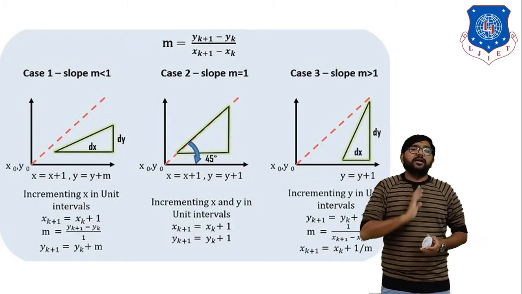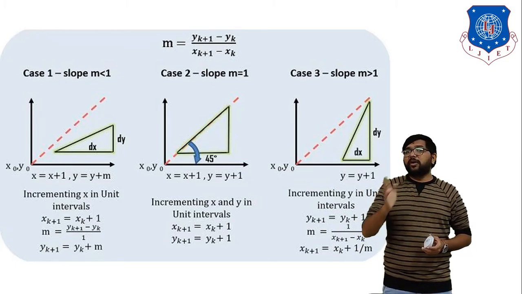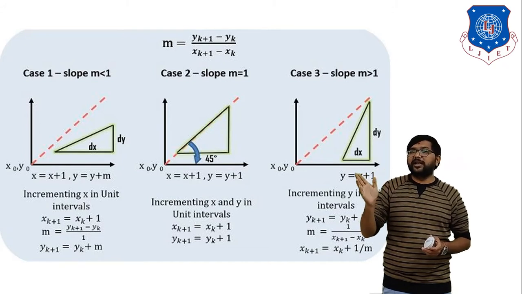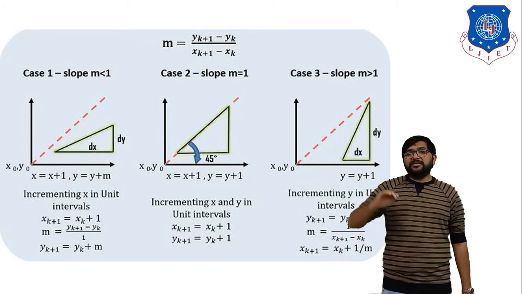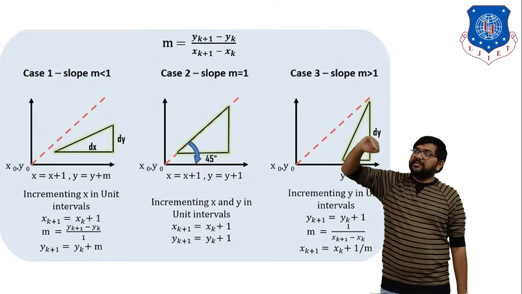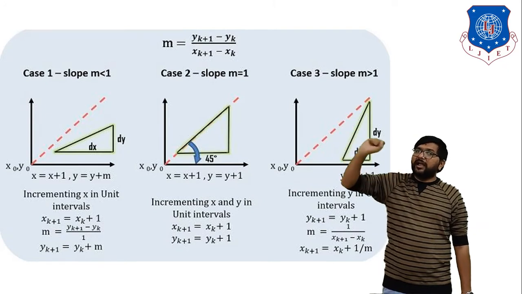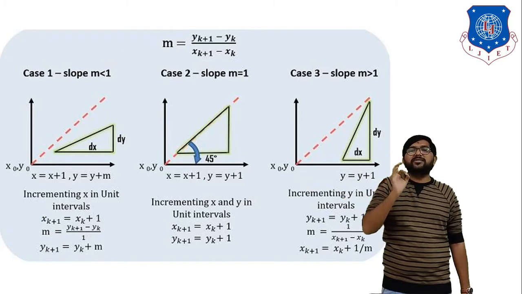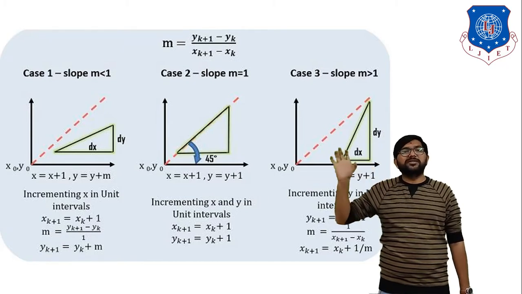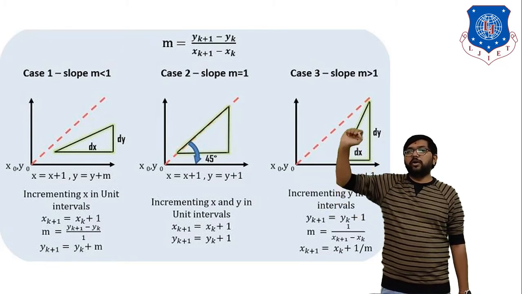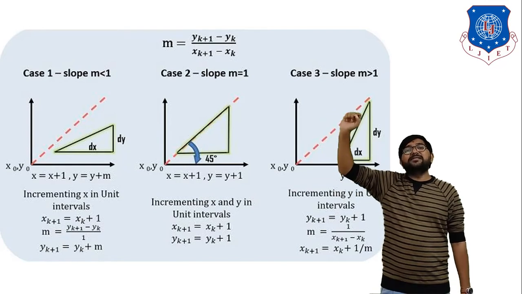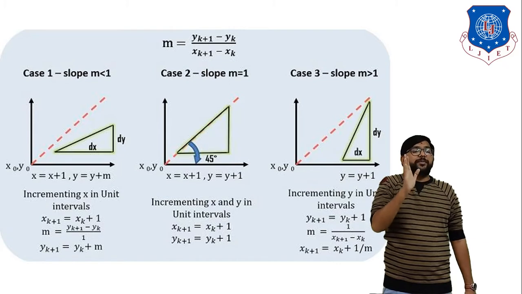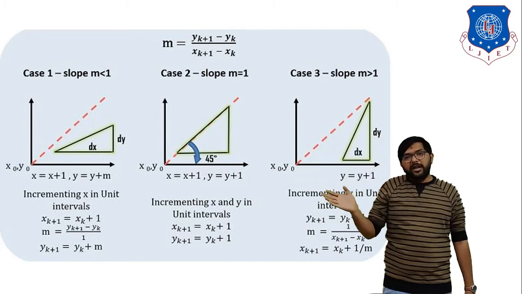Now if the value of slope m is equal to 1, that means the angle is 45 degrees. In this case the line increases equally at each and every point. If you find the coordinates on a slope m is equal to 1 line, they are like 1 comma 1, 2 comma 2, 3 comma 3, meaning x is equal to y, because m is equal to delta y upon delta x.